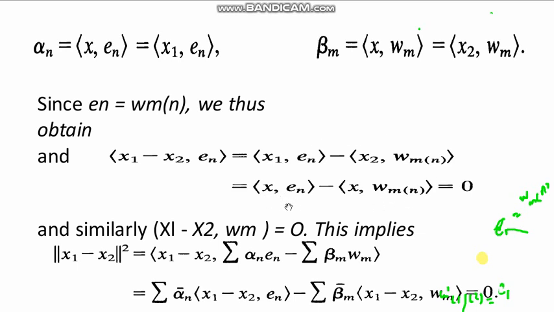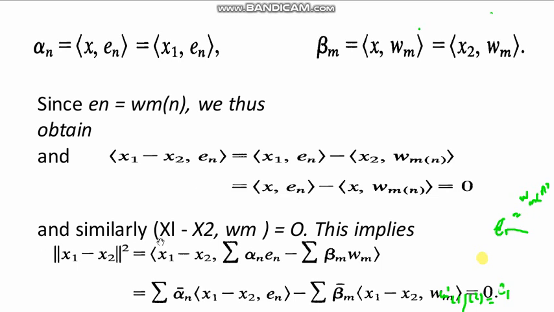Now the inner product of x with E_n minus x with W_m(n) is equal to 0, because x is equal to x, and E_n is equal to W_m(n), so the whole term will be equal to 0.